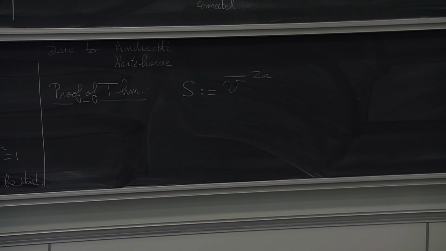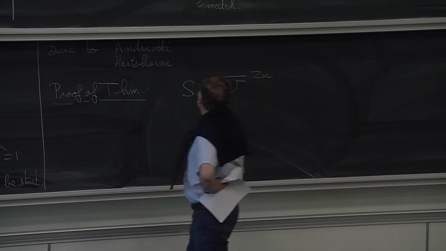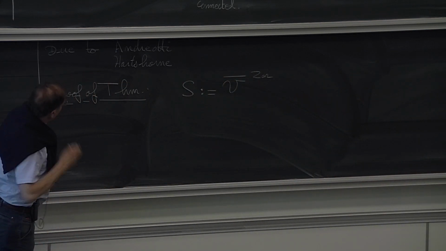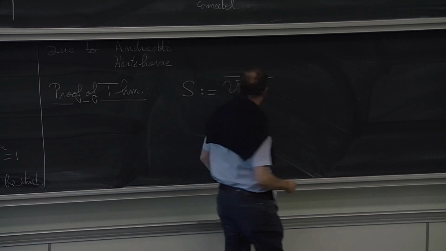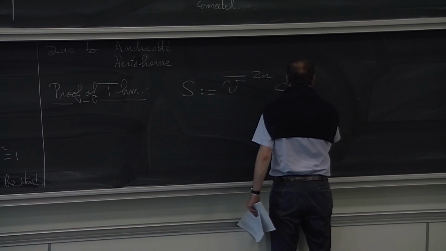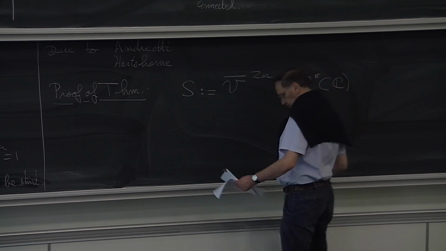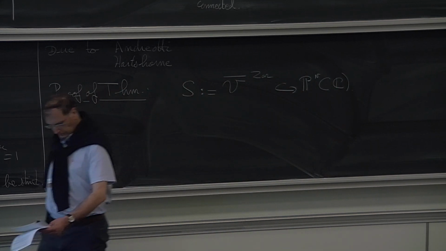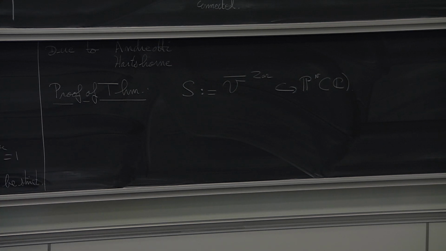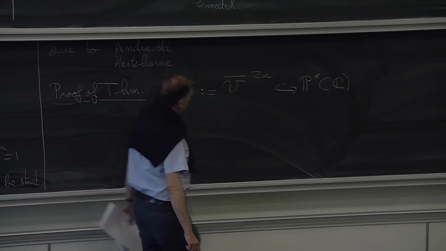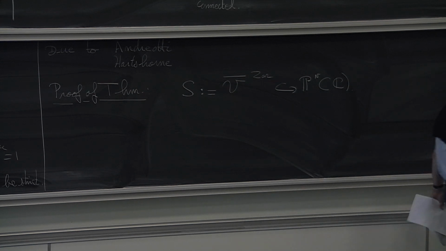So let's suppose that you are not given a germ, but an actual connected submanifold containing C, and let S be its Zariski closure in P^N(C), in the projective space. Okay, you need to prove that it is two-dimensional.